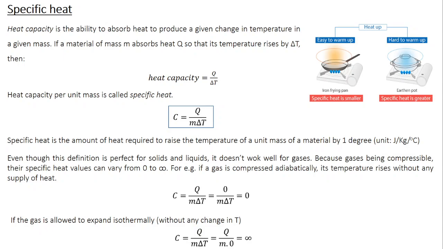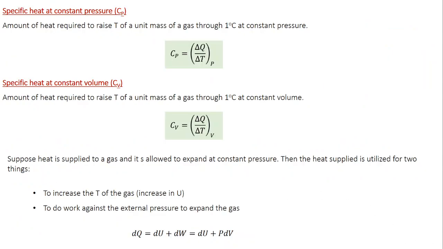So that's the reason why whenever we talk about specific heat of gases, either we keep the pressure constant, this is known as specific heat at constant pressure or Cp, or you specify the value of specific heat under constant volume, which is known as specific heat at constant volume Cv.